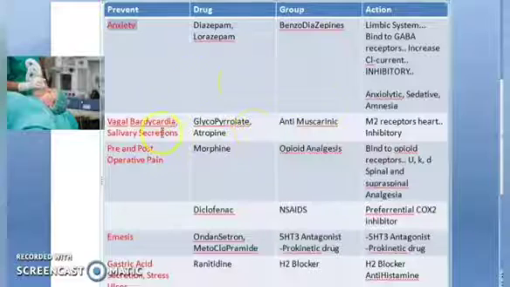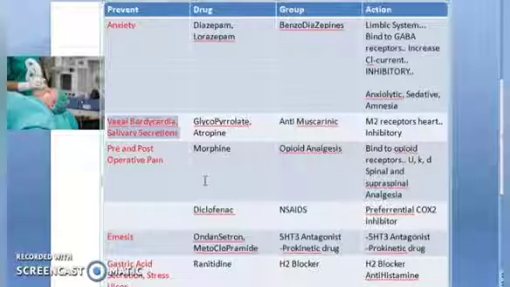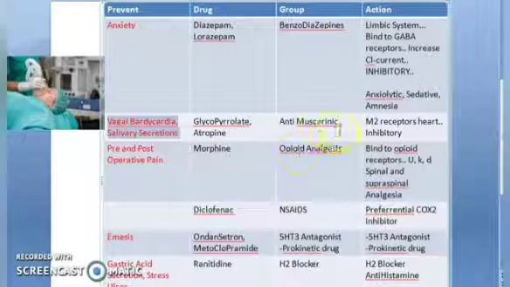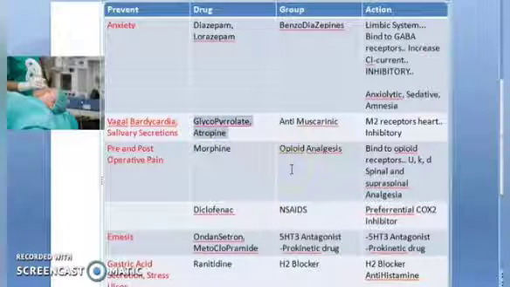Now let's move on. The problem here is bradycardia and salivary secretion. If we want to stop bradycardia and salivary secretions, then you will have to give an anticholinergic or anti-muscarinic drug. Example, glycopyrrolate, atropine. Now, how do these work?